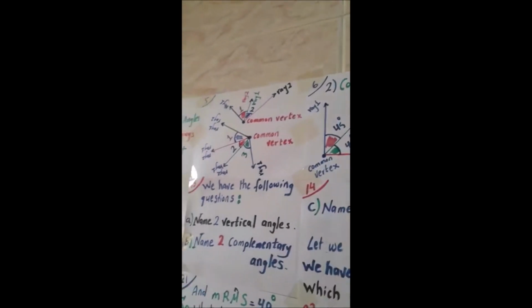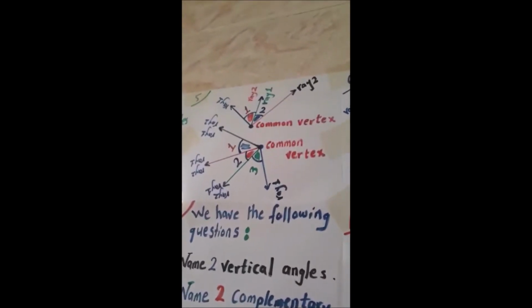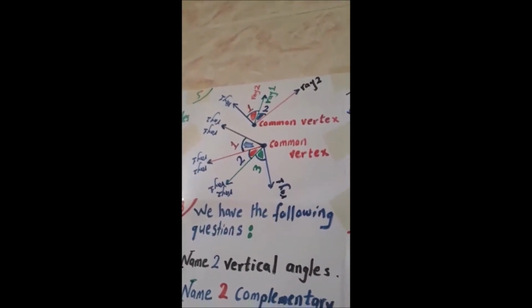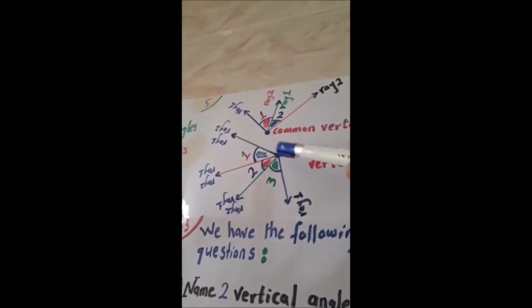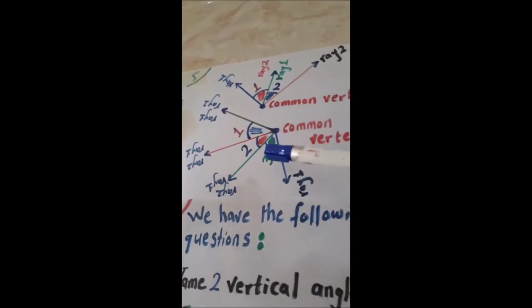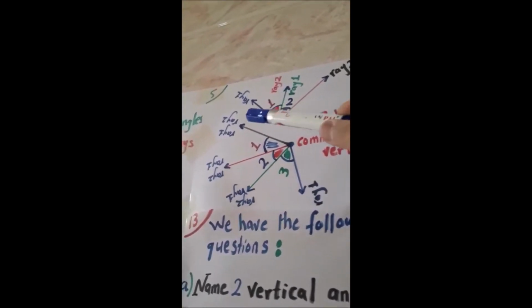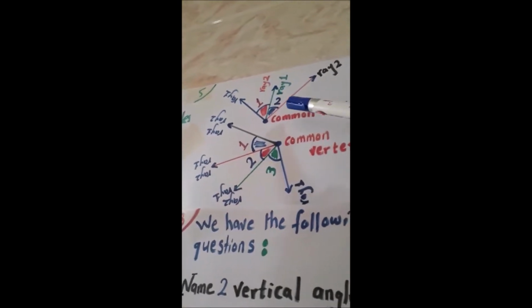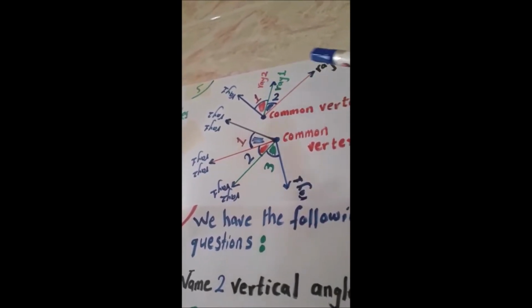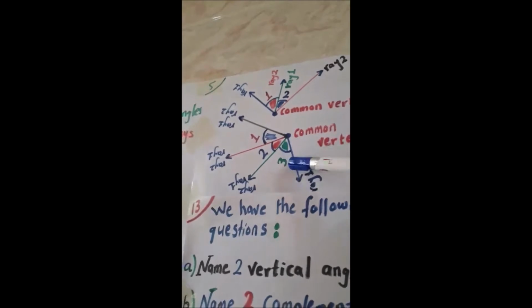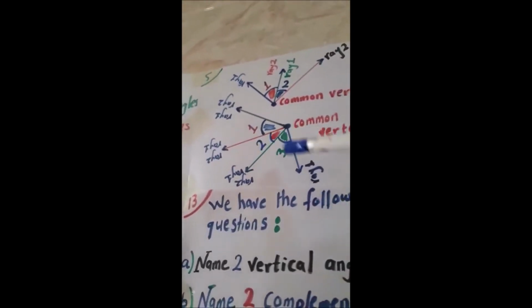If you look at this, yes, guys, this is an example of adjacent angles. Again, we have common vertex and common ray. We have angle 1 and angle 2. We have ray 1, ray 2. Then again, for angle 2, we have ray 1 and ray 2. And if you go down, you have angle 1, angle 2, angle 3.